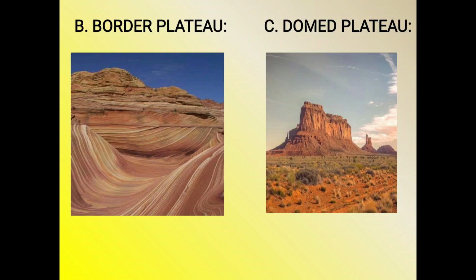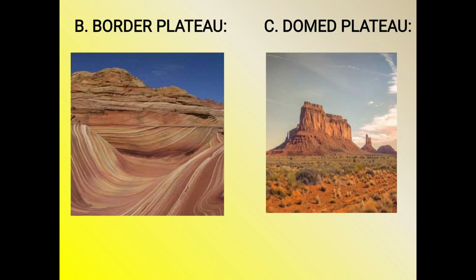Its eastern side is marked by a more or less definite fall line where the gradient of the rivers is steepest. On the west, it terminates against the mountains of the Blue Ridge. Plateau of Colorado is also an example of the border plateau. It is bounded on the northeast by the Rocky Mountains and on the southwest by the Basin and Range province.